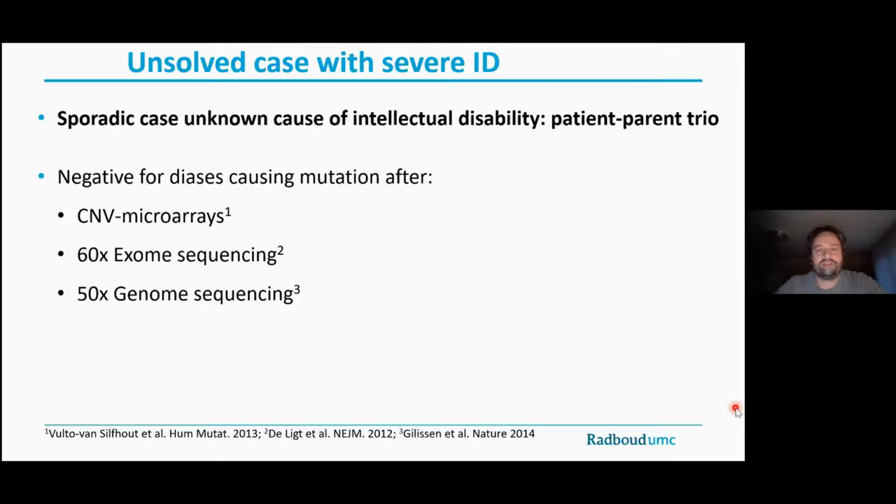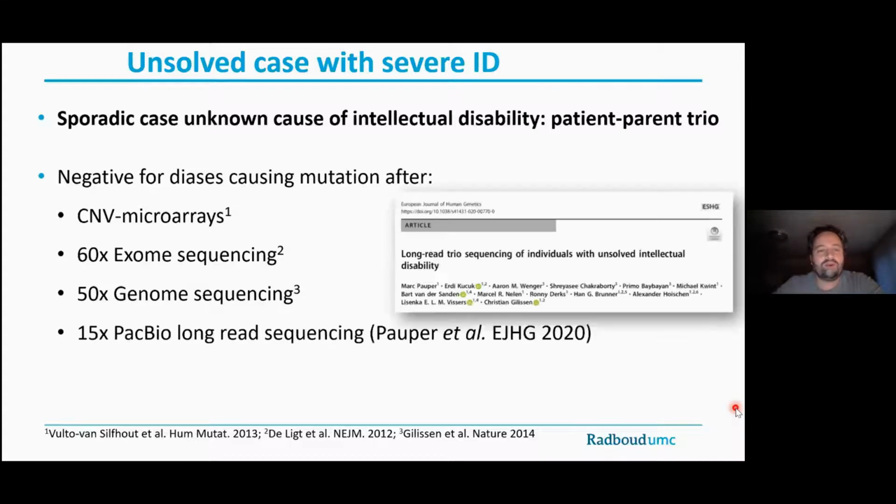And in a small series of samples that I present today, we have done all the previous assays already. So these are patient-parent trios that underwent CNV microarray analysis, exome sequencing, and genome sequencing, and most recently, even long-read genome sequencing. And we used 15x PacBio coverage for that.